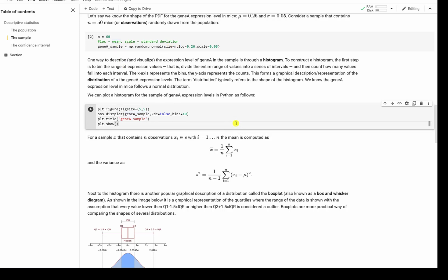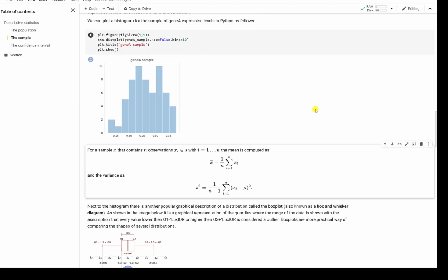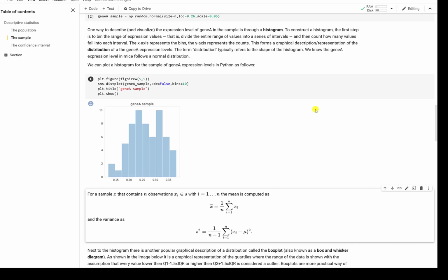We execute this code, and that plots the histogram. Now, instead of just a list of 60 numbers, we have a much clearer view of which numbers are more frequent compared to others. You can see the bins here, and this tells us how many of the values in our sample fall in this bin. So this bin will be values between 0.2 and 0.225. That's what it's saying.